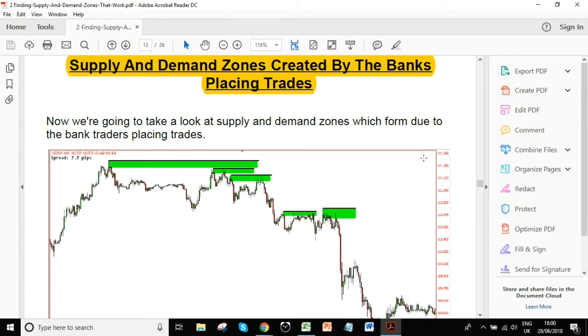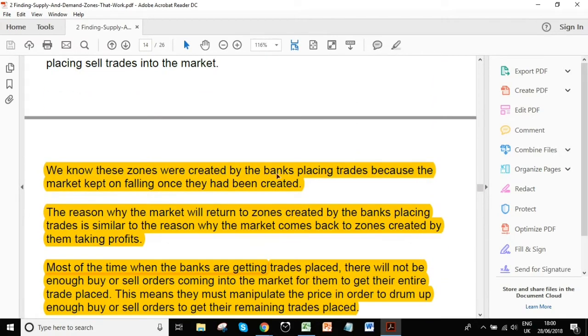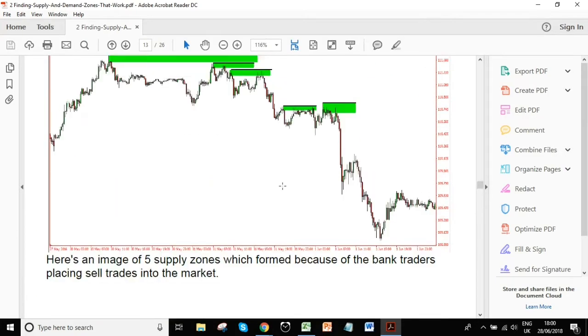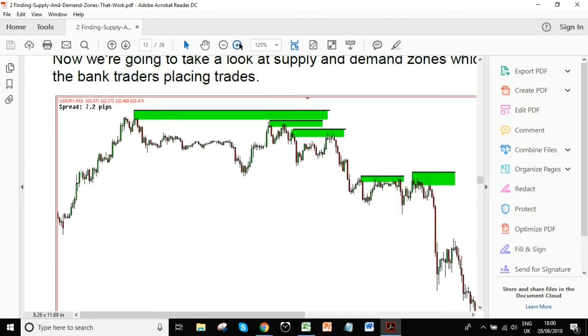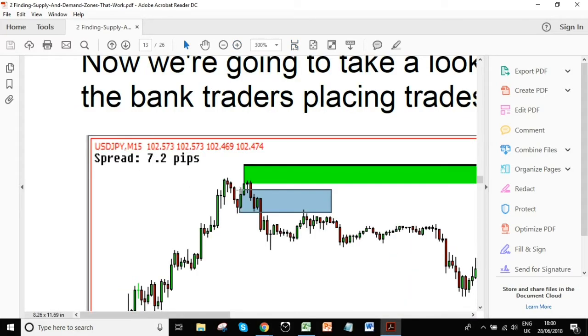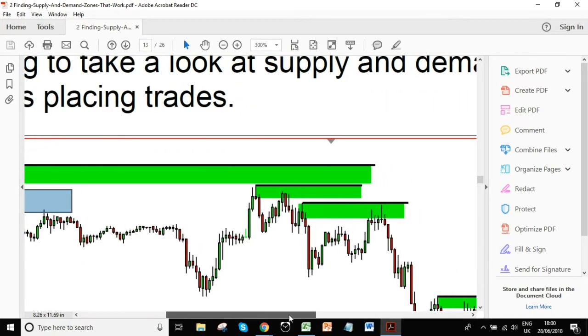Now, supply and demand zones created by the banks placing trades, this is where we want to be. Now, we know these zones were created by the banks placing trades because the market kept on falling once they had been created. As we can see up here, and I hope you can see this as well, if we zoom into this, not everything is necessarily an engulfing candle.